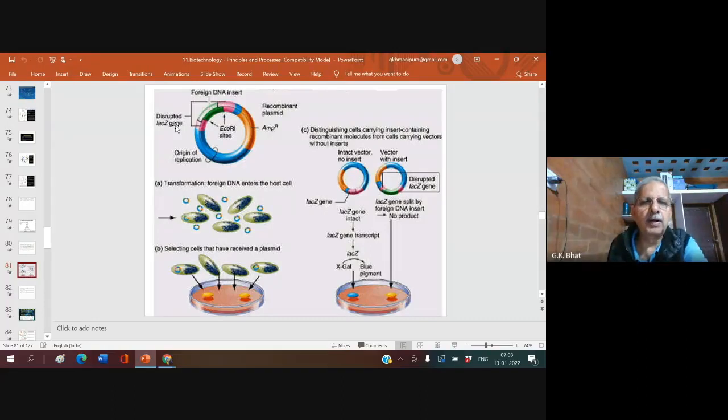Now, what has happened? We have incorporated a foreign DNA in the lac Z gene, so the lac Z gene got disrupted. When the lac Z gene gets disrupted, what will not be produced?